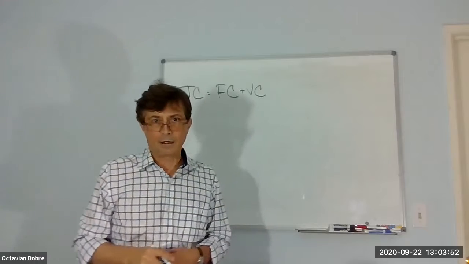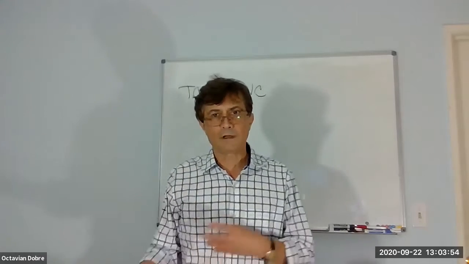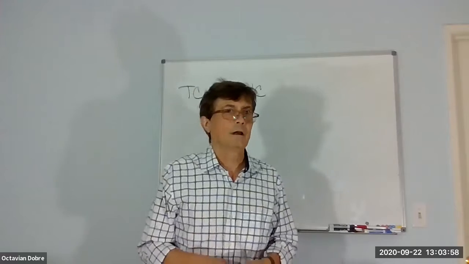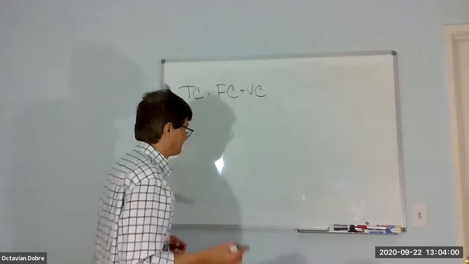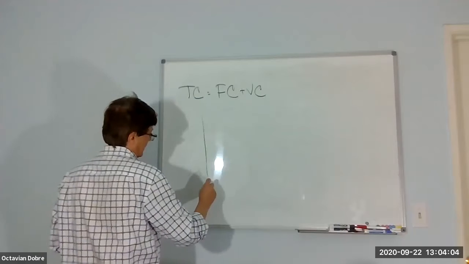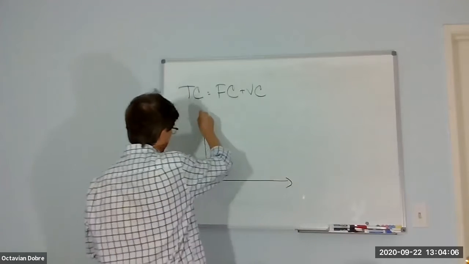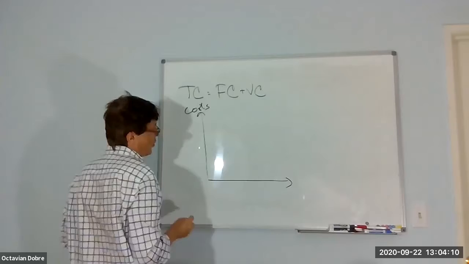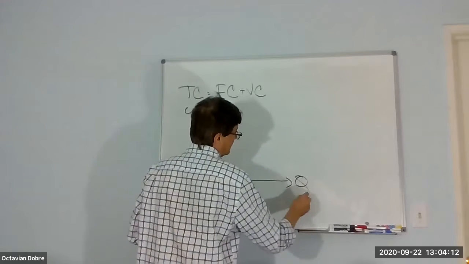Now, let's take a look at what the graphs would look like for those types of costs. Here are the costs, and here's the output.